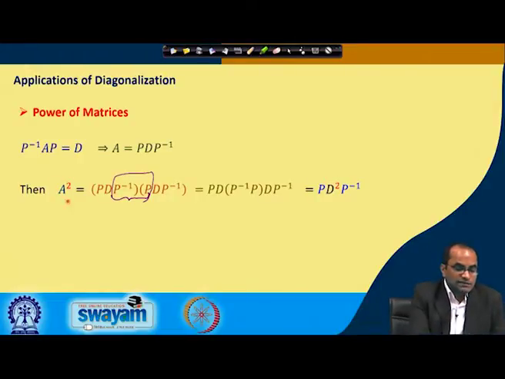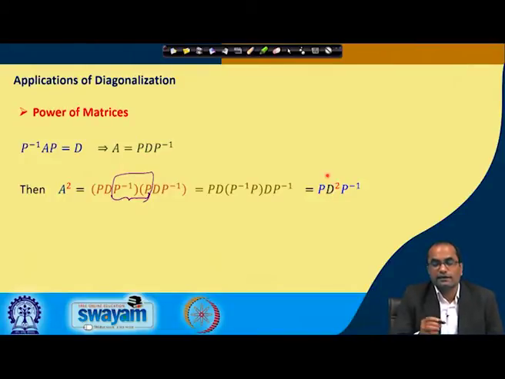So, here the A square, the power 2 of this matrix, is exactly translated to the power of this diagonal matrix. What is the use here? This diagonal matrix we can easily raise to a power, because the power will directly go to each diagonal entry.